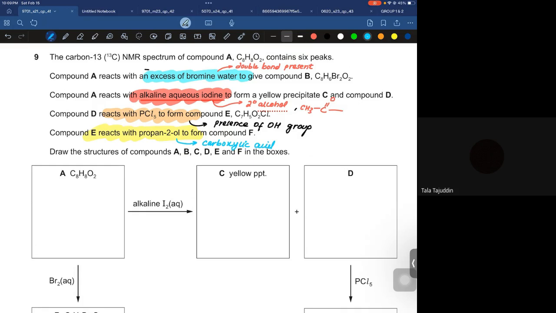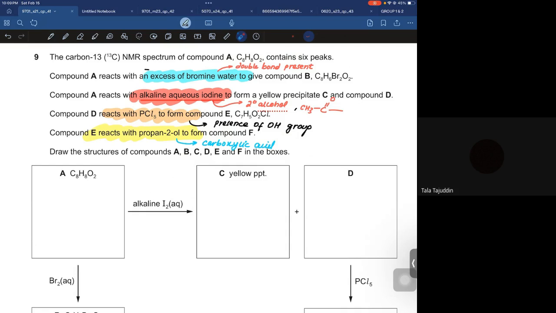So the thing is that it must have 6 peaks in total, remember? Or I can say, draw the structures of compounds A, B, C, D, E, and F. If it has 8 carbon atoms, I'm thinking that it may be alkane, it may be alkene.